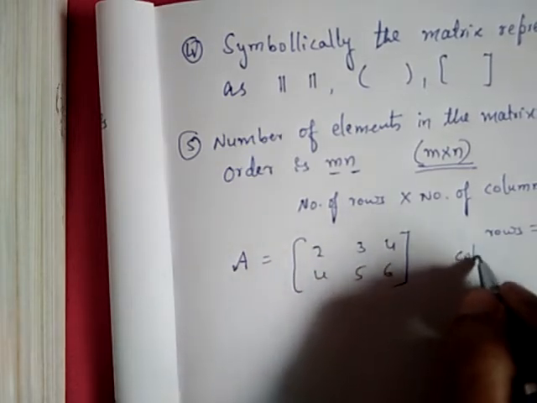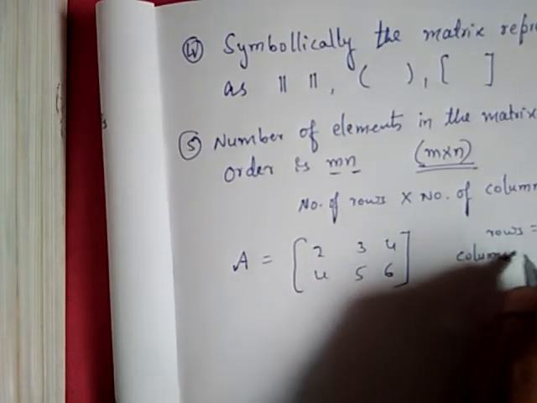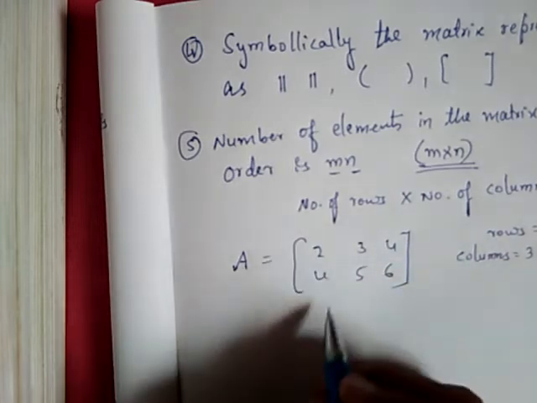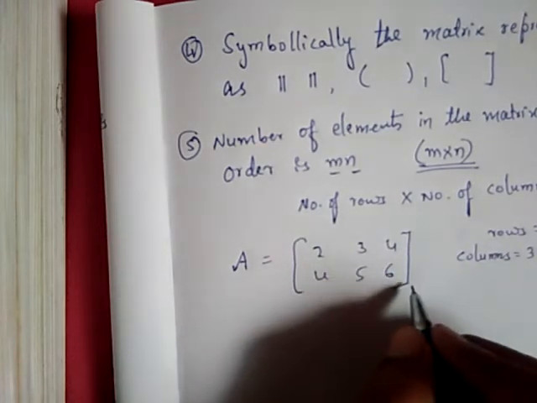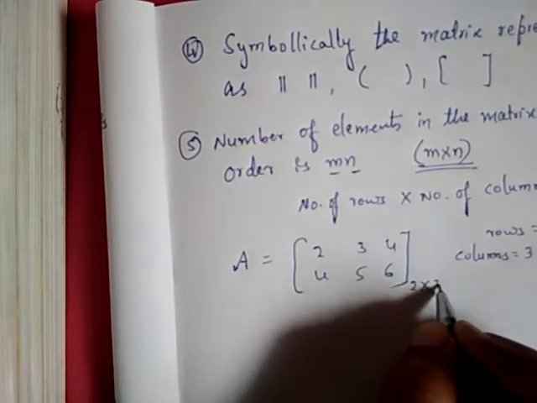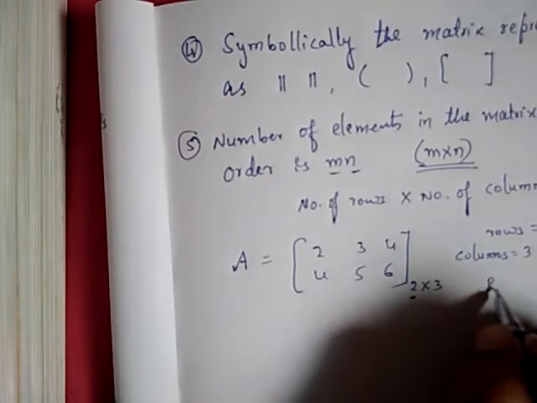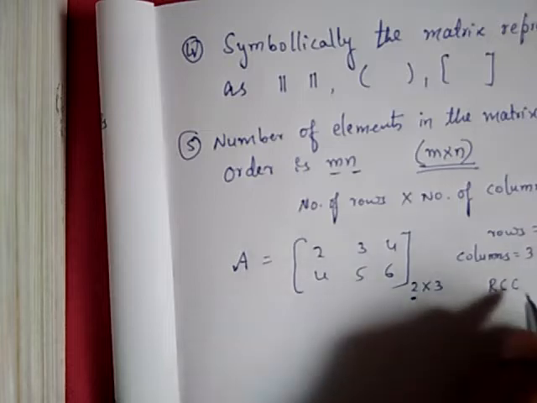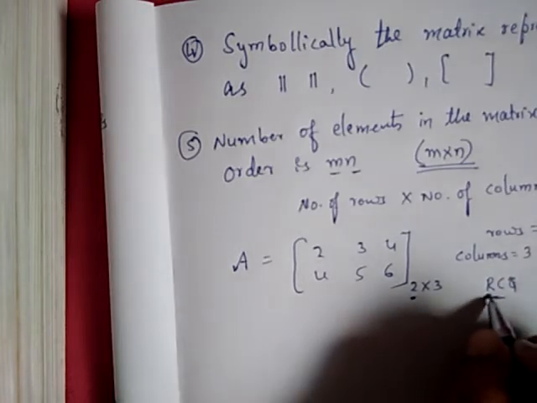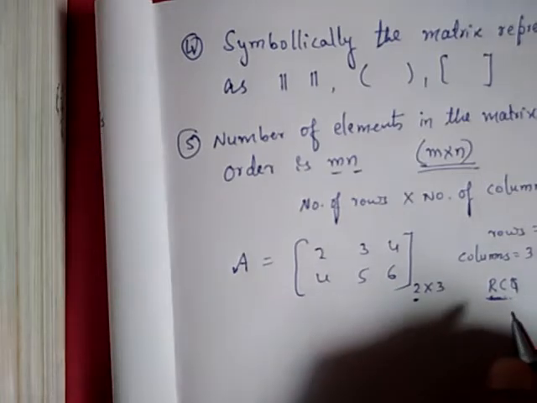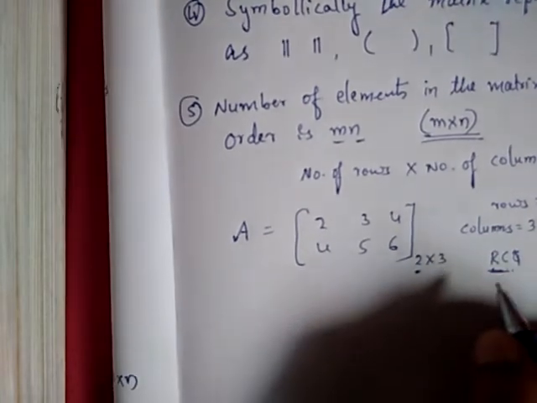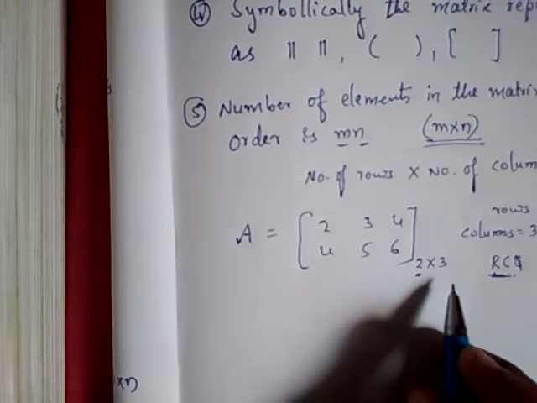Columns are 3. So I can write this as 2 by 3. Always you have to write row first. Do you remember RCC building? In this one first will be R and next will be C. So this is row and this is column. So according to this you can write 2 into 3.